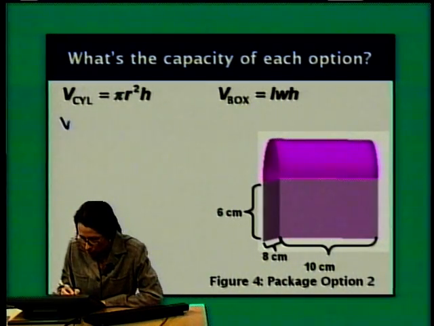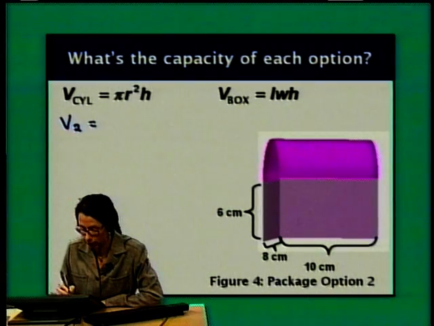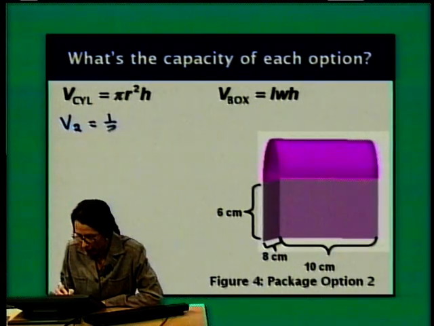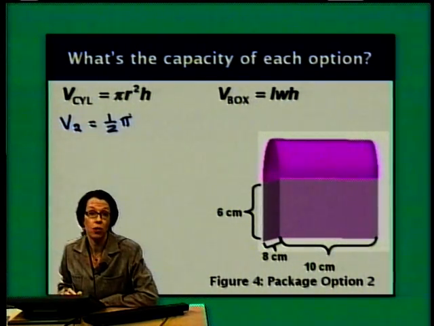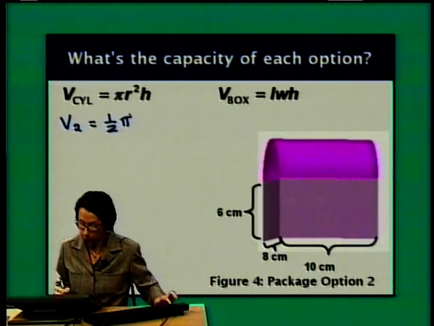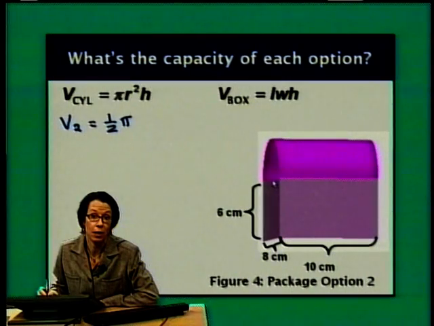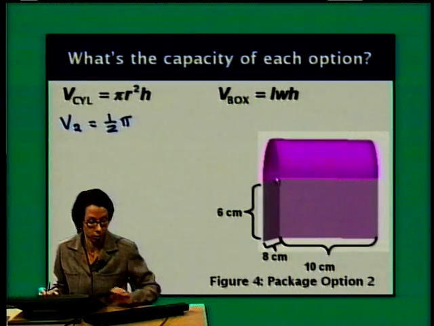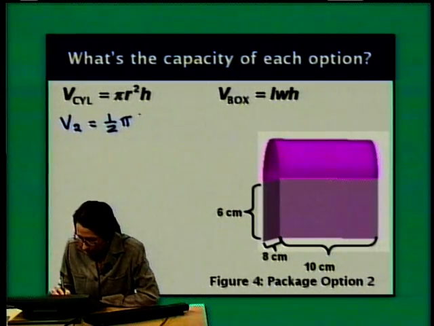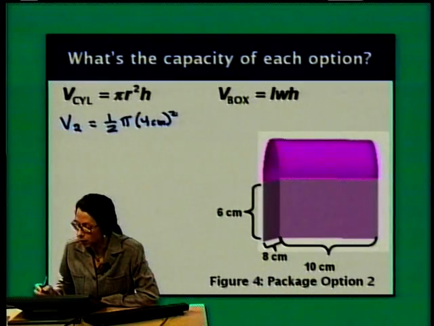So the volume for option 2 is going to be half the volume of a cylinder, so 1/2 pi. Now let's look at the radius of the cylinder. This side of the box is the diameter of the cylinder, which is 8 centimeters. So again, we have a radius of 4 centimeters, times the height of the cylinder.